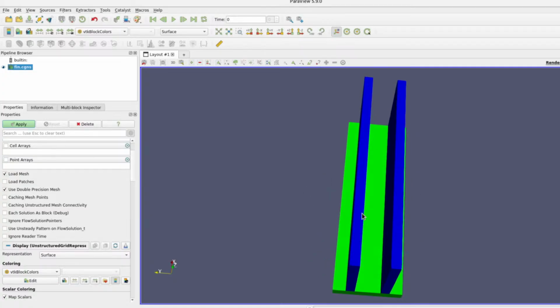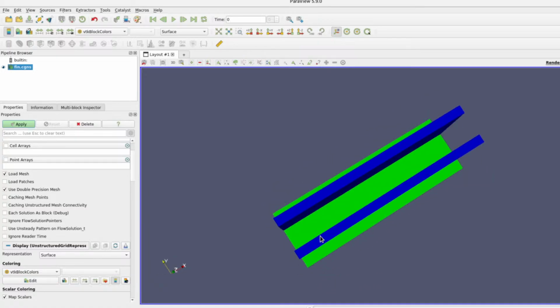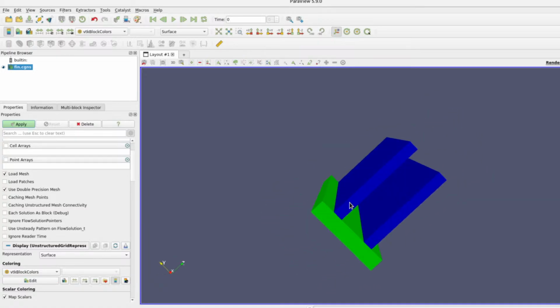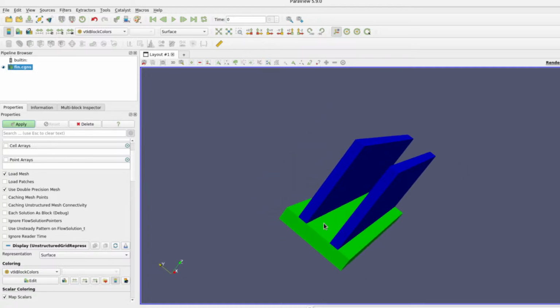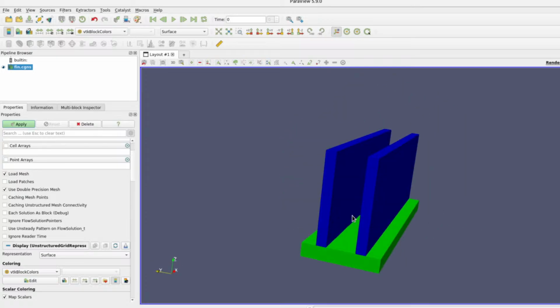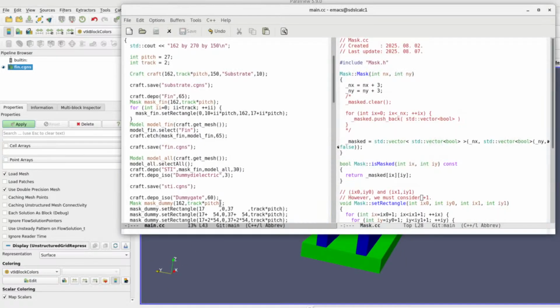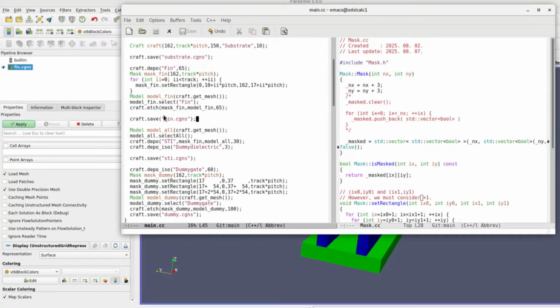So you can easily see that these are two fins, and in order to isolate them, we must also introduce STI. So let's come back to this part. Starting from this fin.cgns, now we introduce STI.